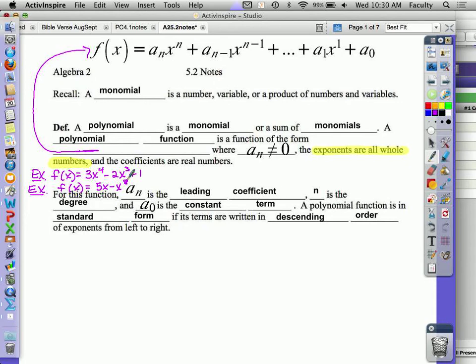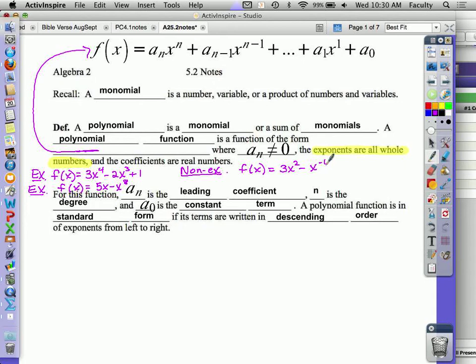That's a polynomial. Here's a non-example, and I want you to try to figure out why. Why would this one, 3x squared minus x to the negative 1, not be a polynomial?